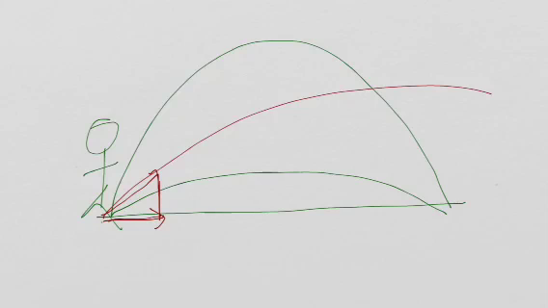They're pretty much equal in this case. Whereas if you go higher, you'll have a shorter x but a longer y. Doesn't work out that way. And if you go lower, you'll have a shorter y and a longer x.